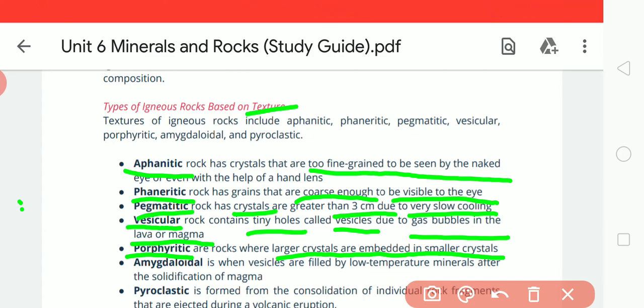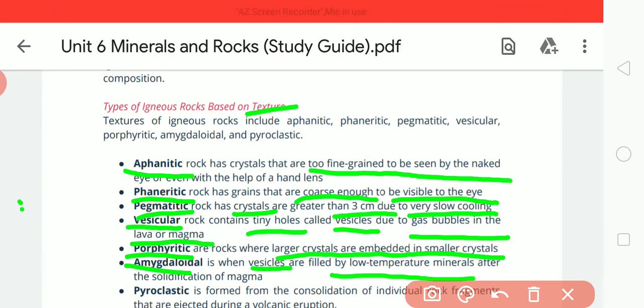Next one is the amygdaloidal. So amygdaloidal is when vesicles are filled with low temperature minerals after the solidification of magma. So in the amygdaloidal, it still has these vesicles, which is actually a bubble formation.